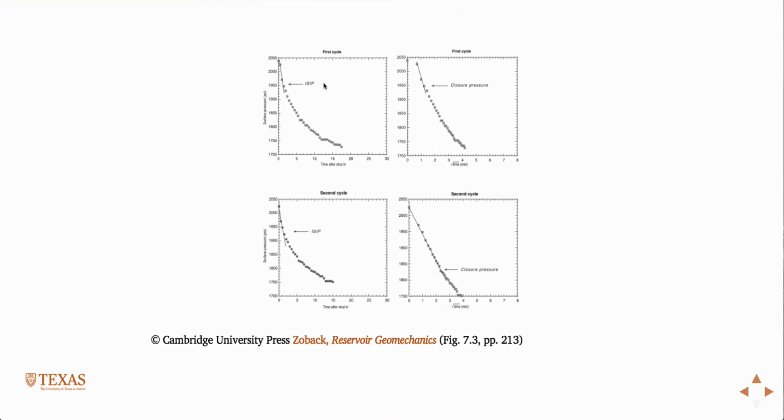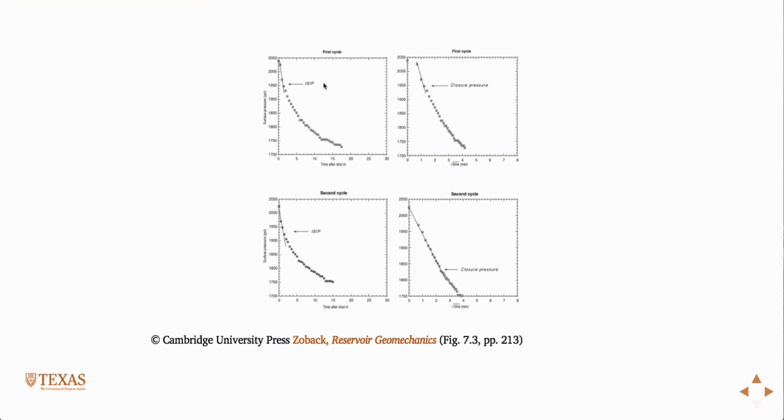And they're plotted in 2 different ways. The top 2 plots are the first cycle. The second 2 plots are the second cycle.